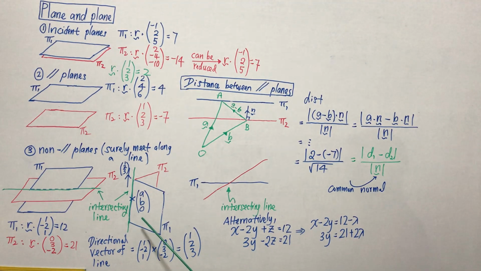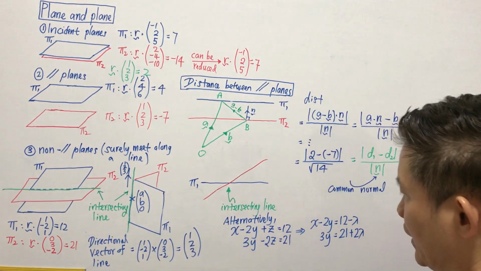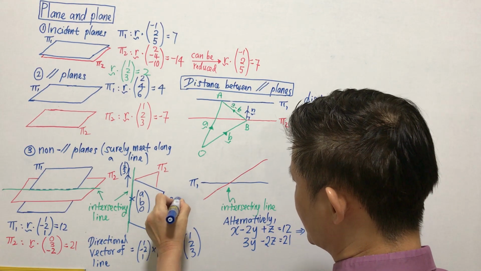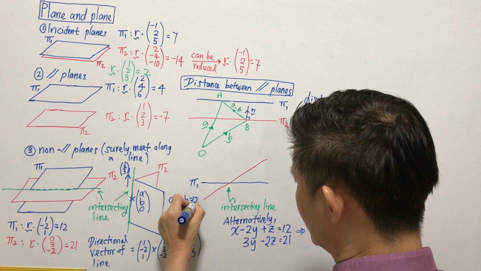If this point indeed is on this line, this point is also in pi 1, and also in pi 2. That means this point must satisfy the equation of the first plane, and it also must satisfy the equation of the second plane. So what does it mean? If I plug this into here, I get one equation, which is A minus 2B equals 12.